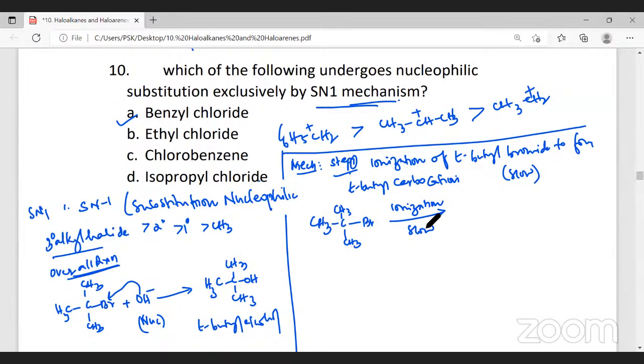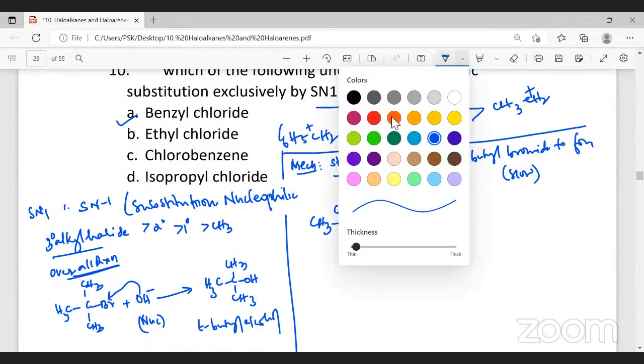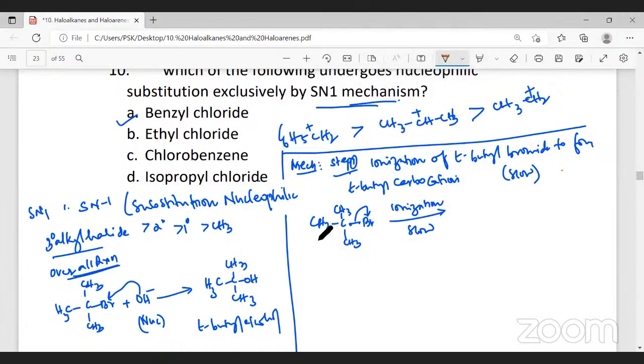What happens is the bonded pair of electrons will be pulled towards bromine. Bromine gains a negative charge and carbon gains a positive charge. So the bond between carbon and bromine breaks, and bromine becomes negatively charged.